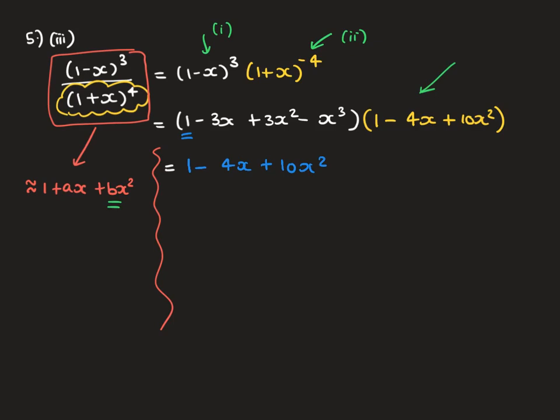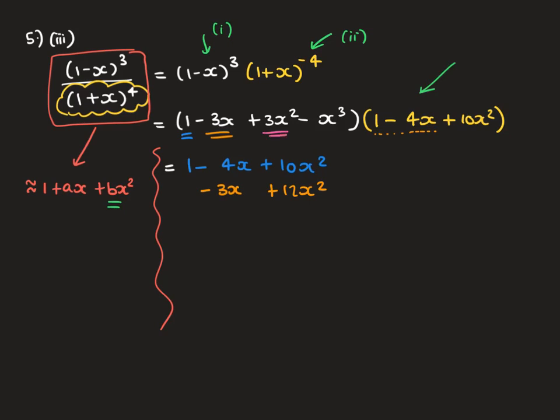I'm then going to multiply everything in the yellow bracket by negative 3x, which gives me negative 3x plus 12x squared. So I'm only multiplying the negative 3x by these terms here, not by the 10x squared, because that will give me a term in x cubed, and I don't need that.